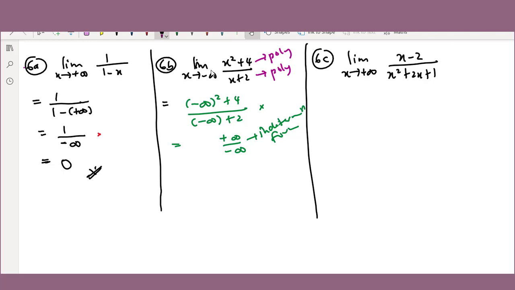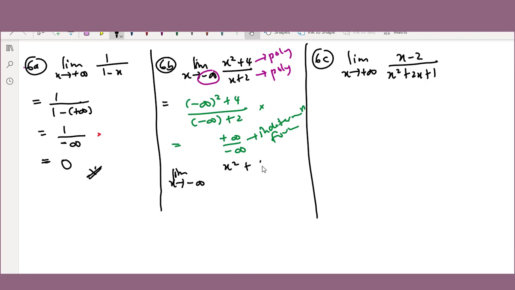Okay. If it is an indeterminate form, check, oh, this is poly over poly. It tends to infinity. Poly over poly, you have to divide by the highest power of the denominator. So just write the question: limit as x tends to negative infinity.